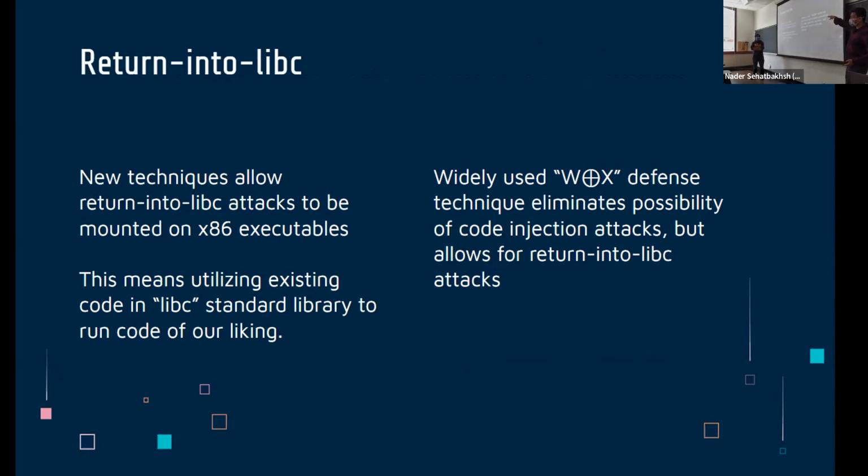So W XOR X means when you have write permissions, you don't have execute permissions, and when you have execute permissions, you don't have write permissions. You can only have one or the other. You can't have both at the same time, and that helps you prevent against code injection, but not the return into libc. And this means that we can utilize existing code in the libc standard library to run any code of our choice in order to generate an attack.